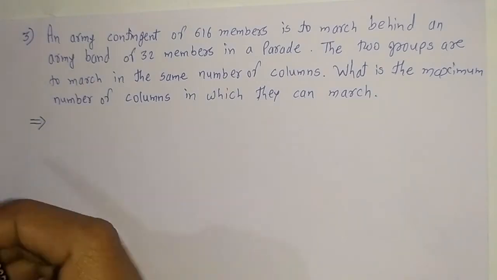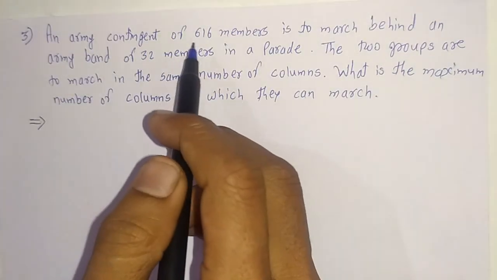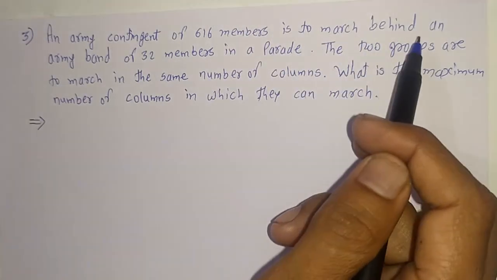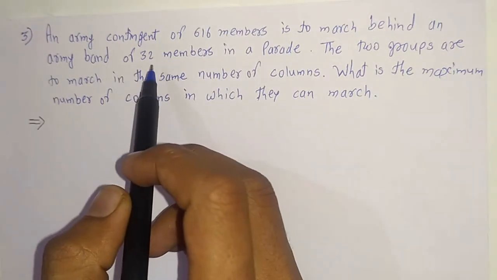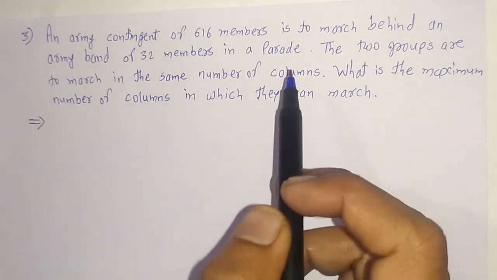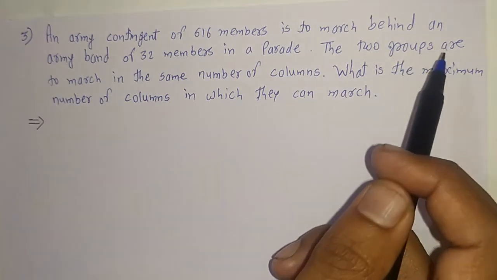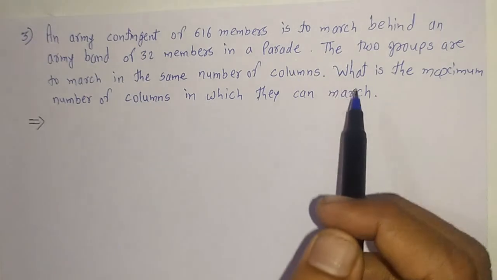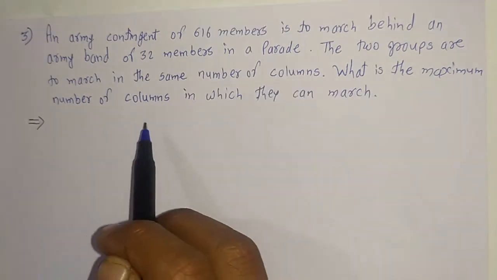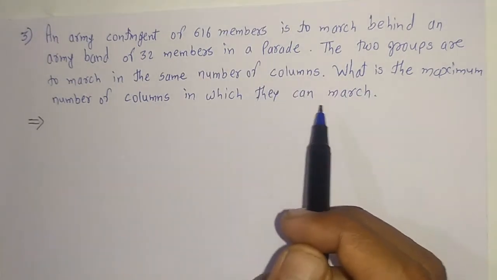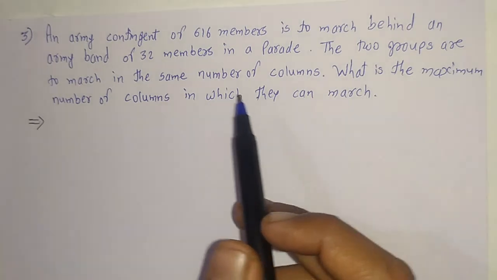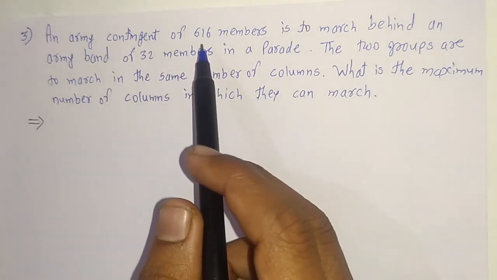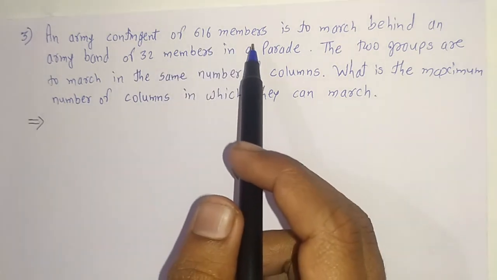An army contingent of 616 members is to march behind an army band of 32 members in a parade. The two groups are to march in the same number of columns. What is the maximum number of columns in which they can march? So a contingent of an army is moving with 616 members.